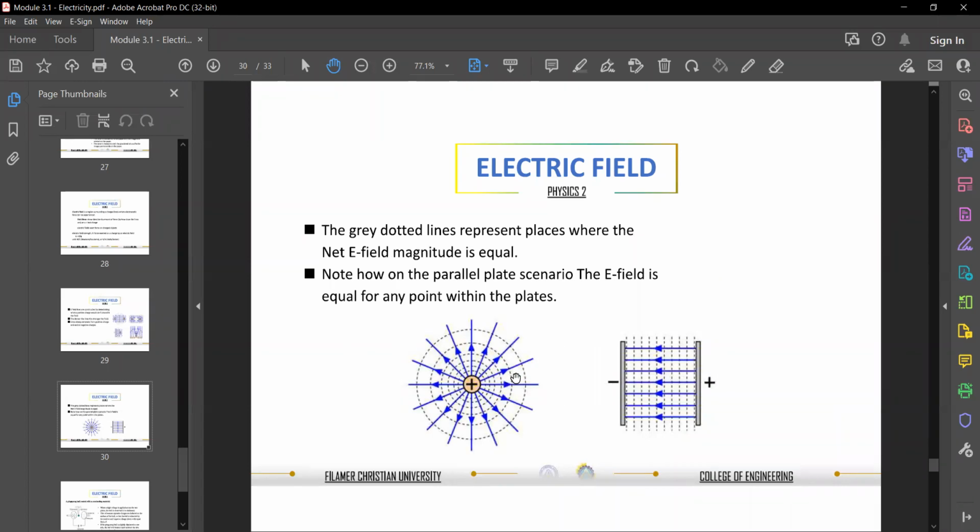The gray dotted lines represent places where the net field magnitude is equal. Note how in the parallel plate scenario, the E field is equal from any point within the plates. Since it is parallel, the magnitude is equal. It is also radial here, so the pattern is equal too.